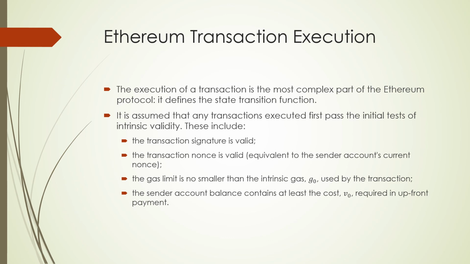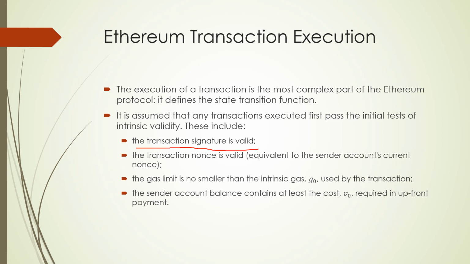So any transaction that has to be executed must pass some initial tests of validity. The tests include the following. First, we need to make sure that the transaction signature is valid. Then, the transaction nonce is valid, which should be equivalent to the sender account's current nonce.